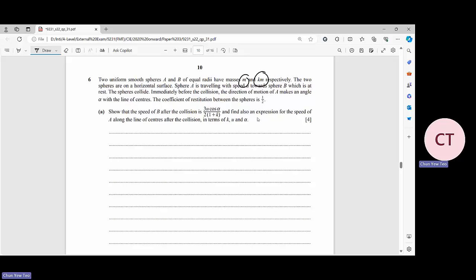The two spheres are on the horizontal surface. Sphere A is traveling with a speed u towards B, which is at rest. The spheres collide. Immediately before the collision, the direction of A makes an angle alpha with the line of centres. The coefficient of restitution between the spheres is half. So it will be something like this.